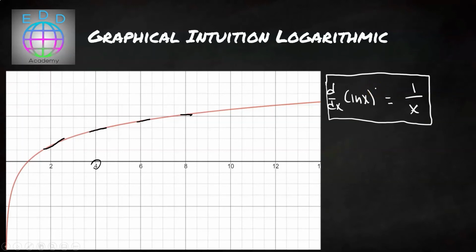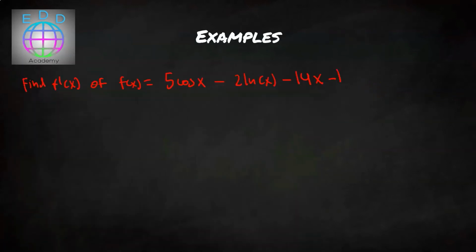Looking at some examples now on the next slide, we want to find the derivative f prime of x when f of x equals 5 cosine x minus 2 ln of x minus 14x minus 1. Okay, so we can go about this by rewriting first.